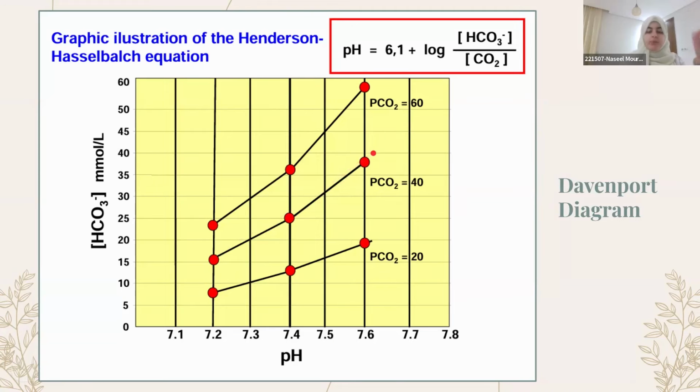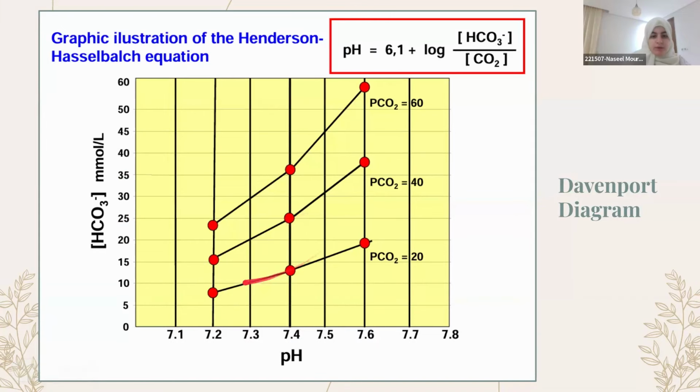Iso means same, and bar means pressure. Any change across this line is happening along the same pressure of carbon dioxide, which is 40. As you go to the left, the pH is decreasing and your bicarbonate is decreasing. Bicarbonate is a base, so if it decreases, it makes sense that your pH would go down. You have more acidic, right?